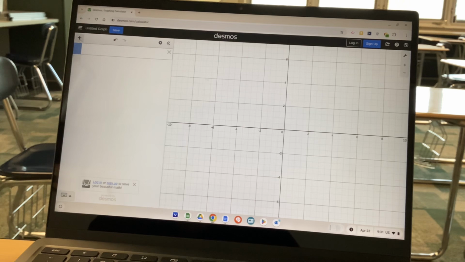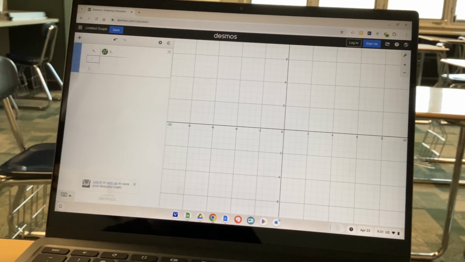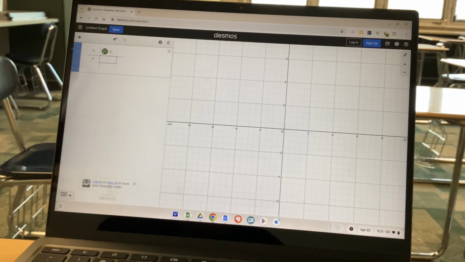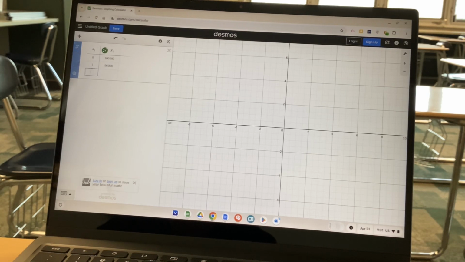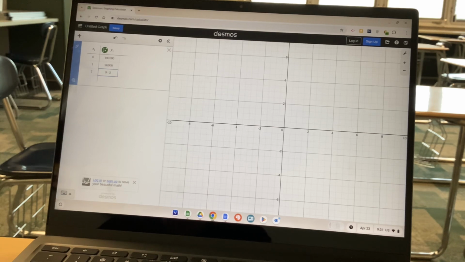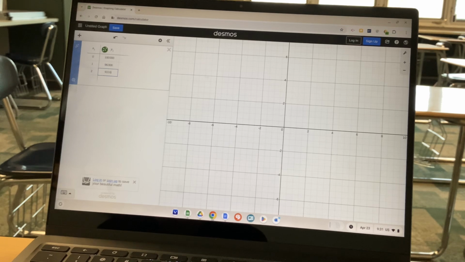All right, so the first thing we're gonna do is hit the plus sign so we can input a table. And I'm going to type the table in. So it was 0, 100,000. And 1, 96,000. 2, 92,160. 3.